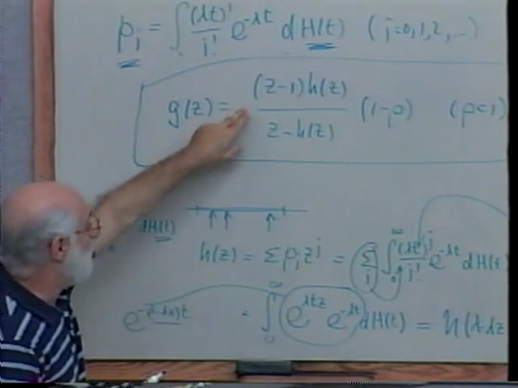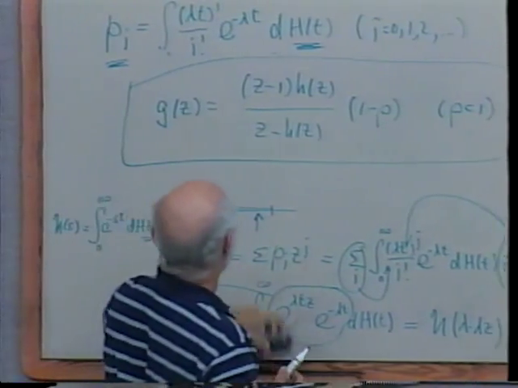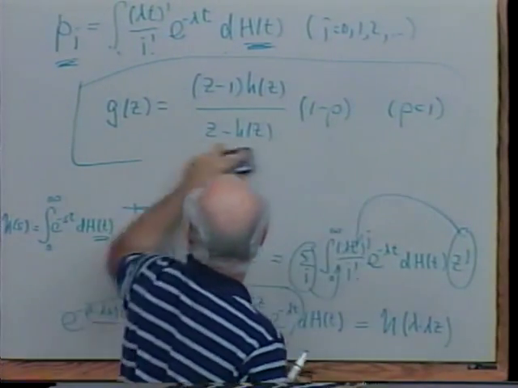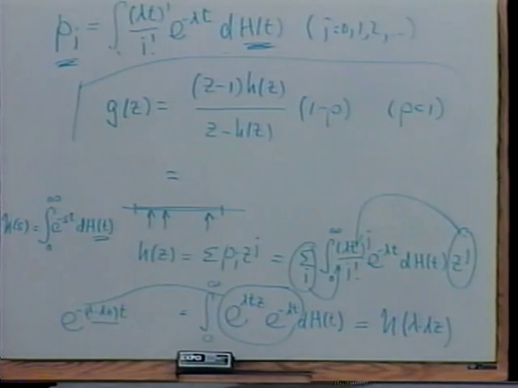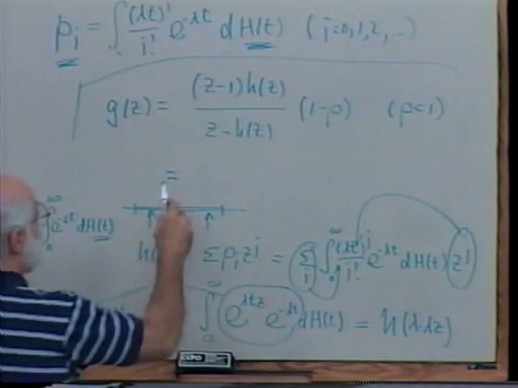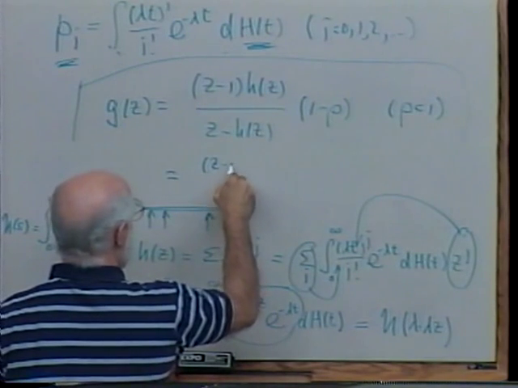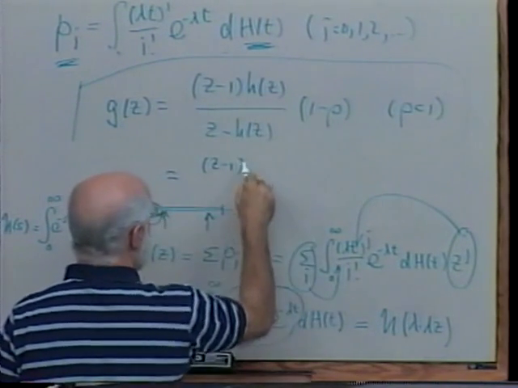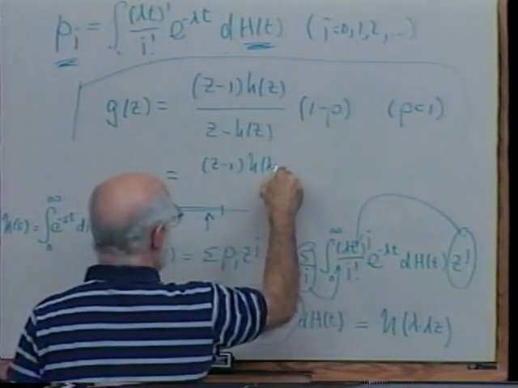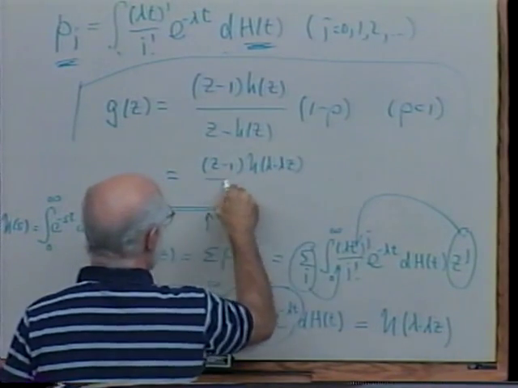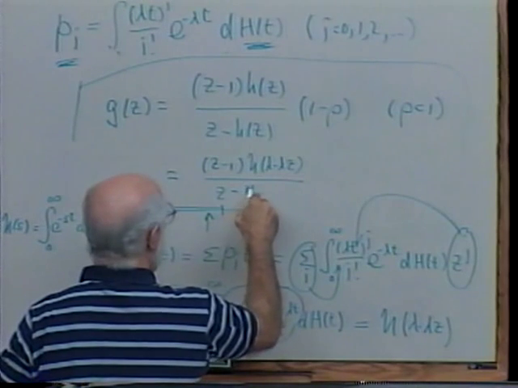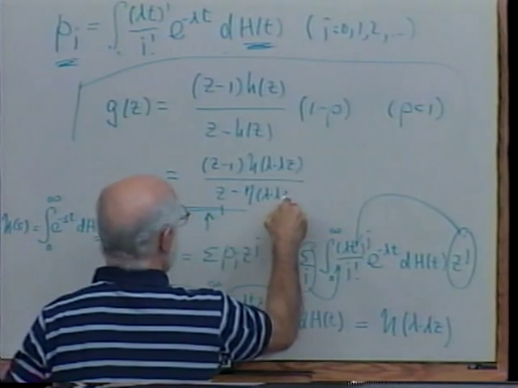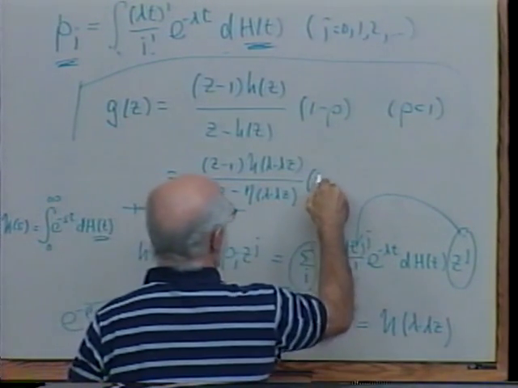So if I go back to this formula here for g of z, I can go one more step. It's equivalent, it's just another way of writing it, but it's usually the way it's written: z minus 1, and h of z is replaced by eta of lambda minus lambda z, divided by z minus eta of lambda minus lambda z, times 1 minus rho.